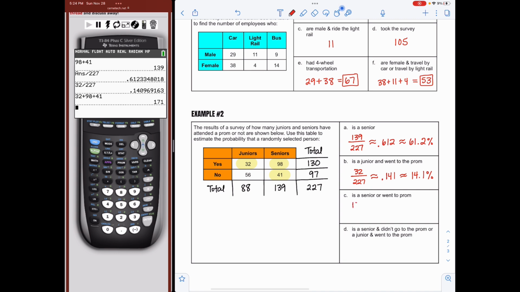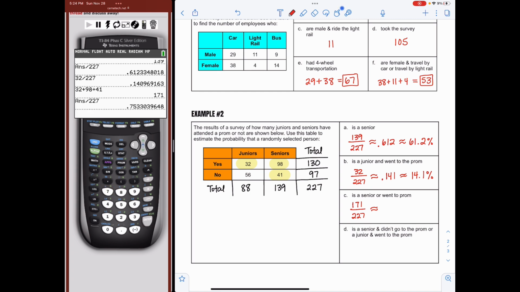So that would be 171 divided by 227, which is approximately 0.753, which is approximately 75.3%.